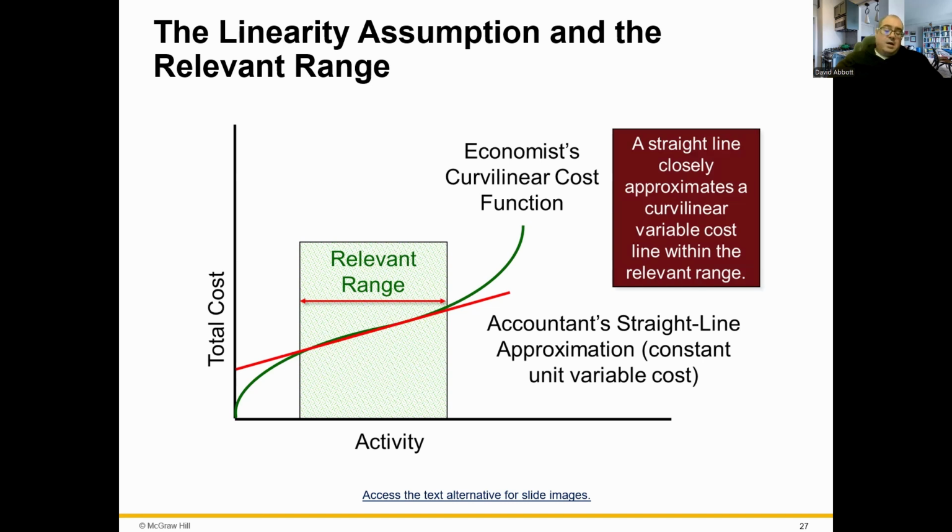That's a whole lot to say that your fixed costs are going to be the same within a certain range of activity. Once you hit a different range of activity, depending on what it is, that fixed cost might jump.